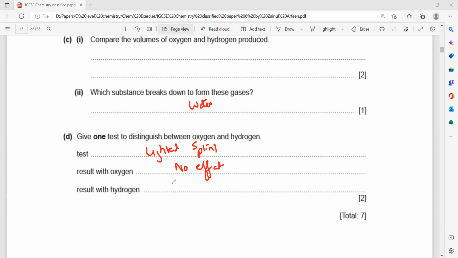So no effect is acceptable here, and the result with hydrogen is that it pops. In practice, the lighted splint will give more light with oxygen, because oxygen supports burning or combustion, but no effect is acceptable. So any one of the tests you can mention about these two.